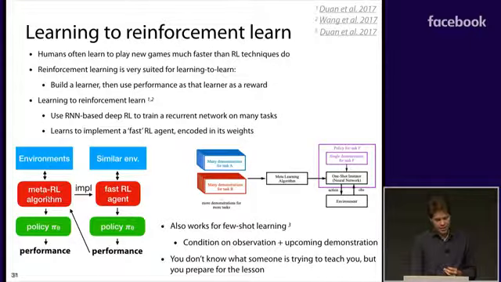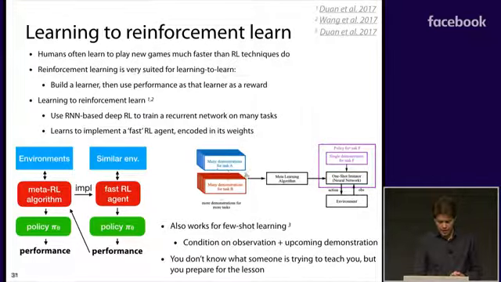This algorithm has to implement an agent that, for a similar environment, has to learn a policy. You look at the performance, you give the performance back, and that way it can learn a policy over many environments. This way the reinforcement learning agent learns how to create a new reinforcement learning agent that's much faster at solving similar tasks.